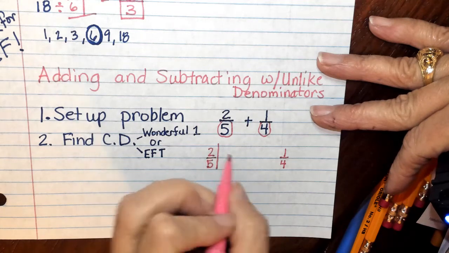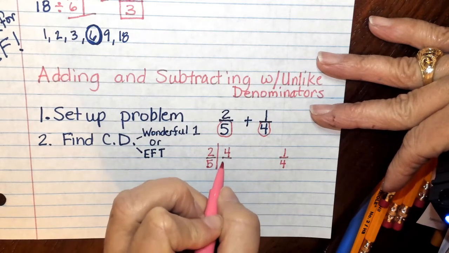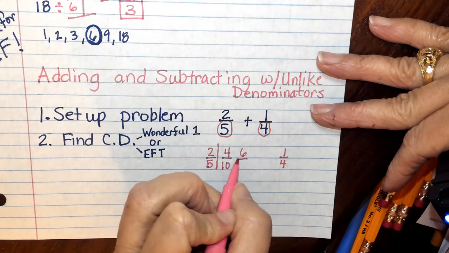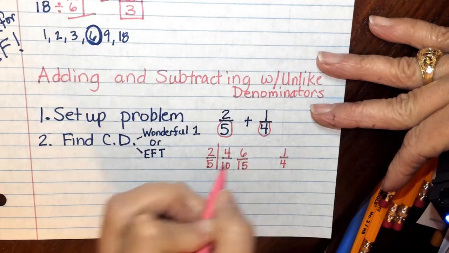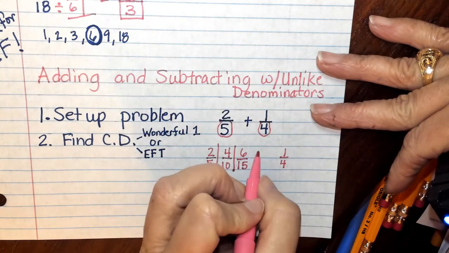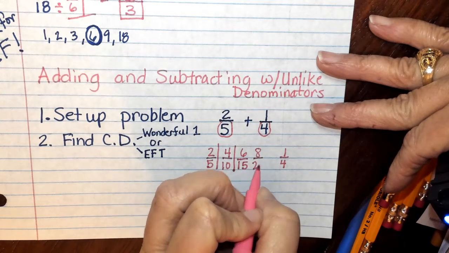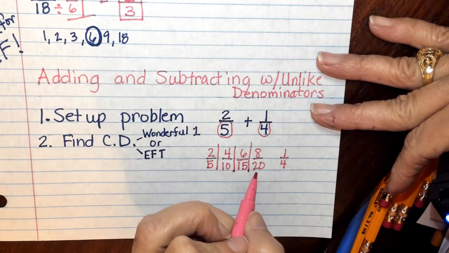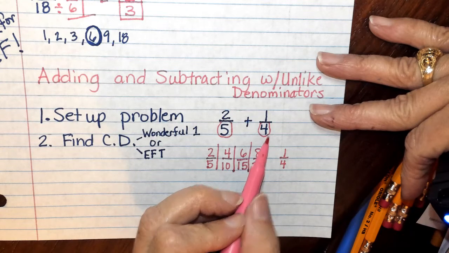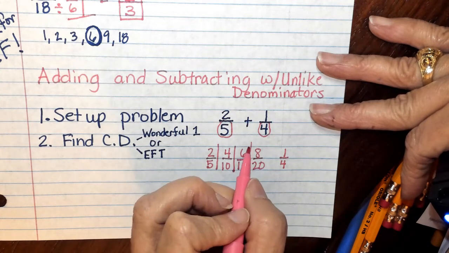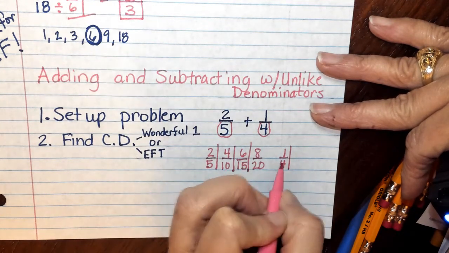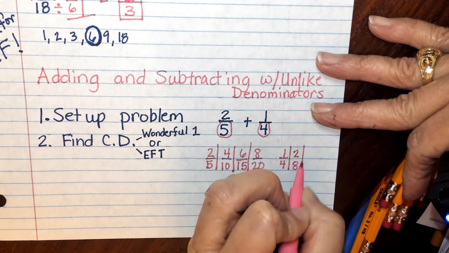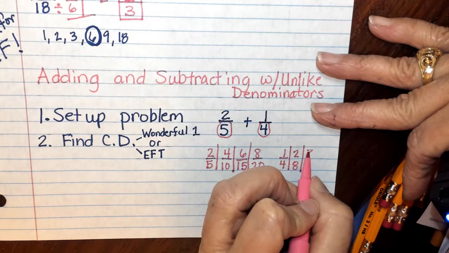So an equivalent could be 4/10. An equivalent could be 6/15. An equivalent could be 8/20. And I'm going to stop right there because I'm thinking if I count by 4s, I might be able to get to 20 also. So let's see. An equivalent to 1/4 could be 2/8. An equivalent could be 3/12.